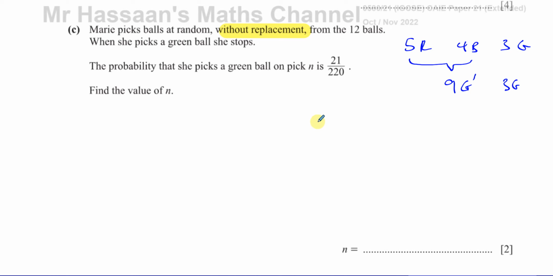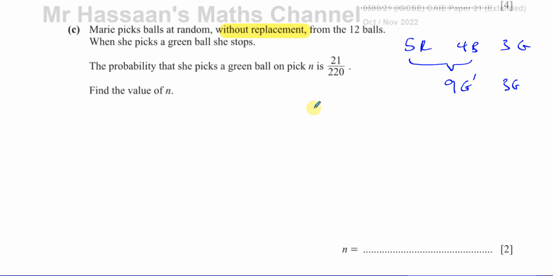Now, because we have without replacement here, it's not as easy as a question where you keep replacing. For example, if you keep replacing, for the first pick you would have 9 out of 12, and then you'd keep getting 9 out of 12, 9 out of 12, 9 out of 12, and then you'd have 3 out of 12.